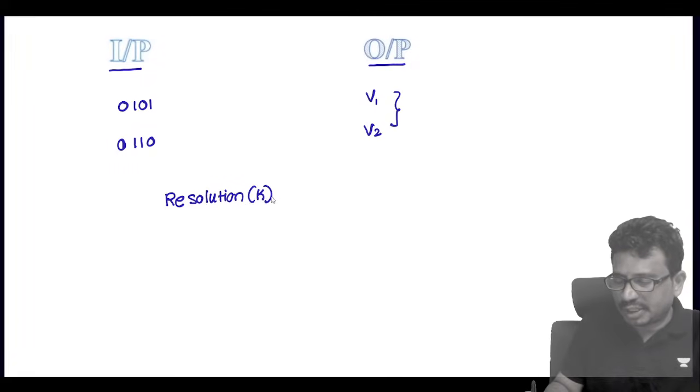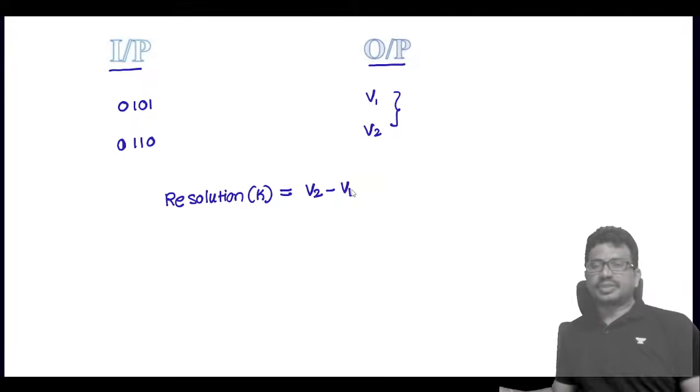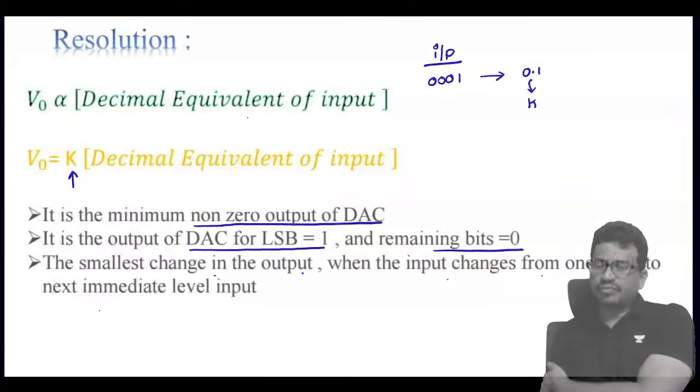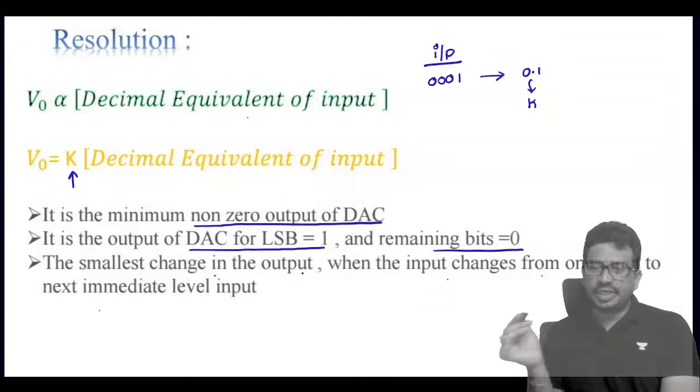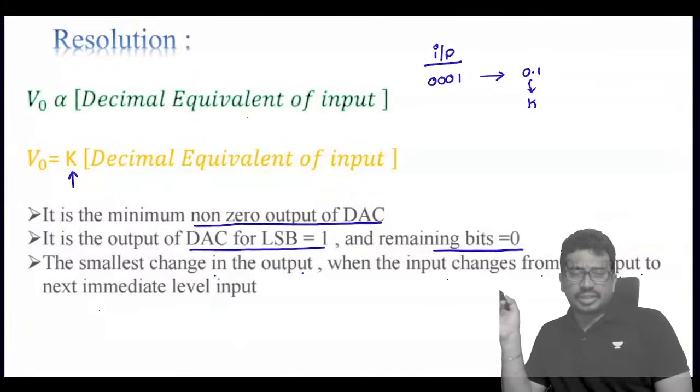So the resolution K is V2 minus V1. Understood what I am saying? Resolution means the output change when the input changes from one state to the immediately next state.